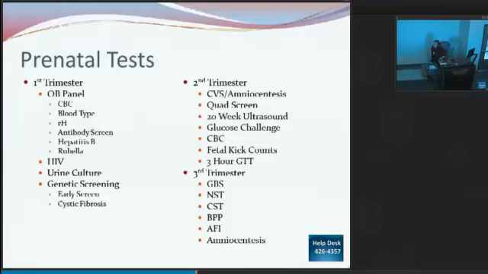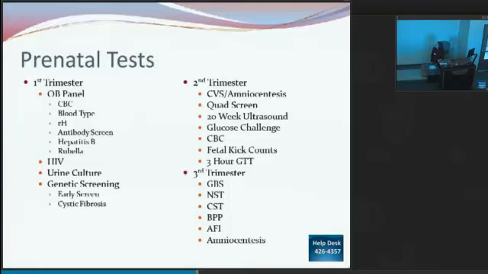All right, so I want to go over what the different prenatal tests are that we do in the office, and there are a lot of different tests that we do throughout the pregnancy. Within the first trimester, we do an OB panel. We test for quite a few different STDs, including HIV. We do a urine culture. There's some genetic screening that we do, and I'm going to go over all of these in a little more detail.